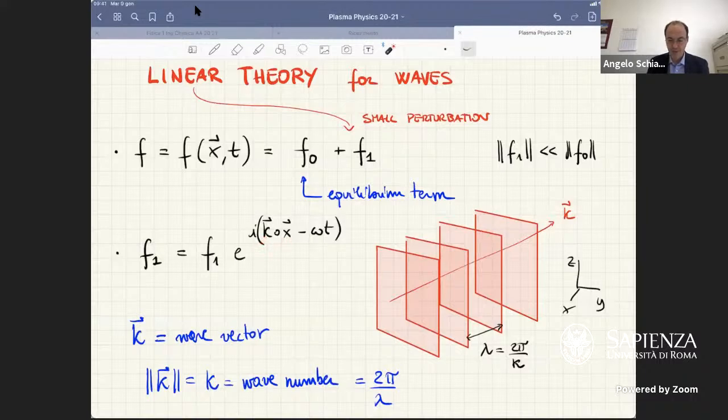So this is telling us that if we move along the direction of the wave, we have a 1D problem, so that in the transverse direction it has the same properties. That's why these solutions are called plane waves.